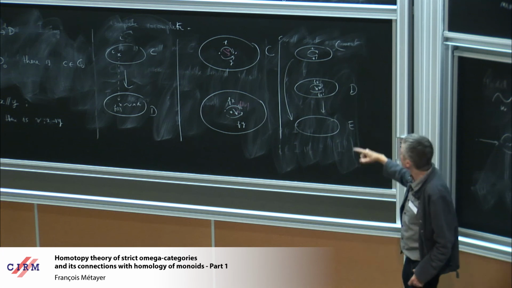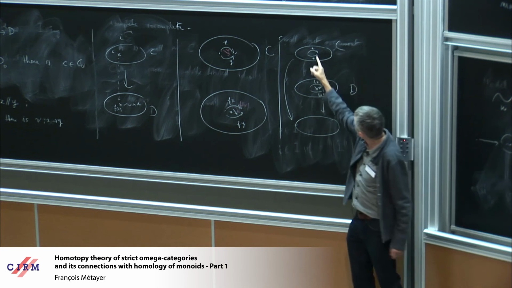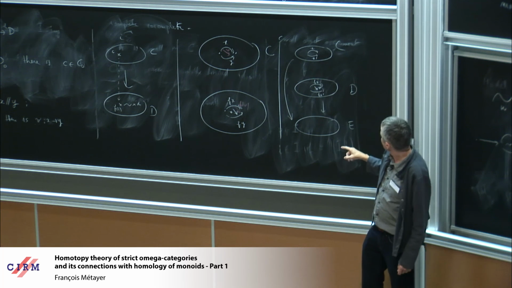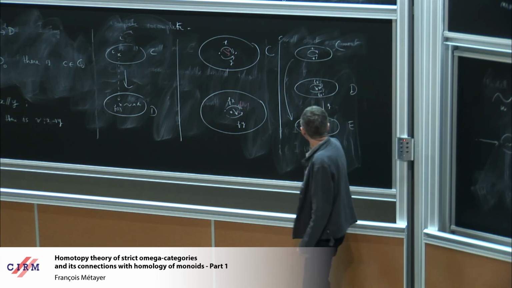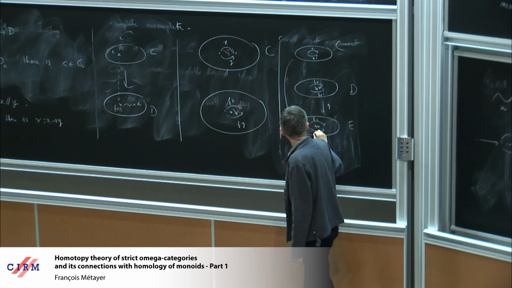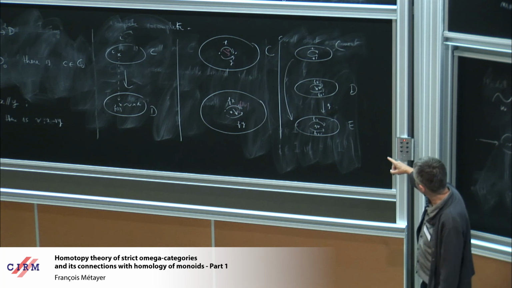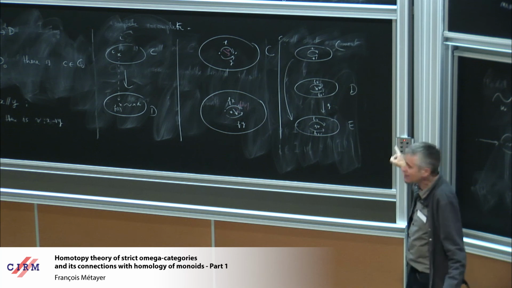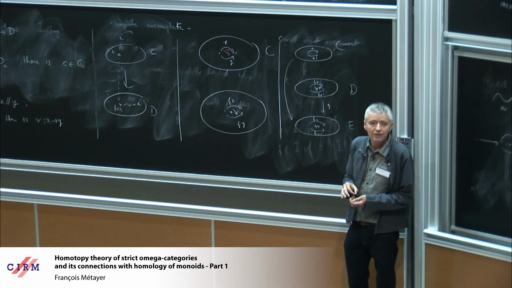And you want to lift this w up to an omega equivalence between those here. But then you apply G here. You apply G, and you get GW, so that's between HX and HX prime. You use the fact that H is a weak equivalence.